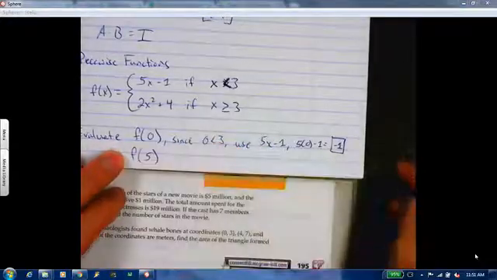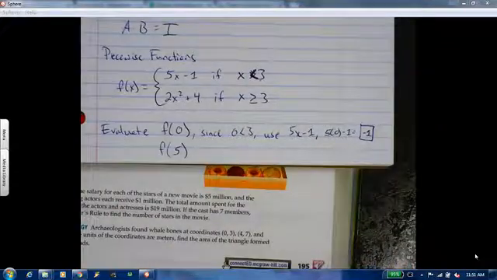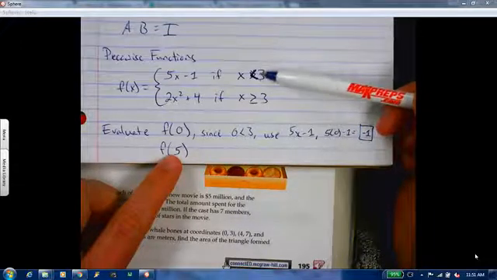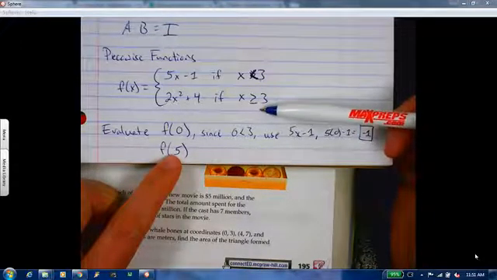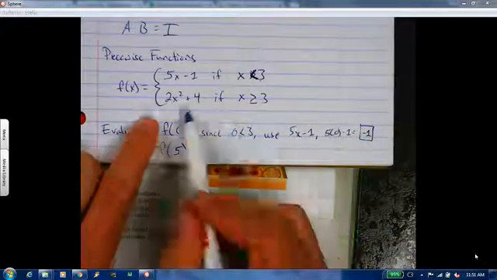So it would be f of 5. So the 5, you look on the right side first. Is 5 less than 3 or is it greater than or equal to 3? Greater than or equal. So that means you're going to use this formula, 2x squared plus 4.